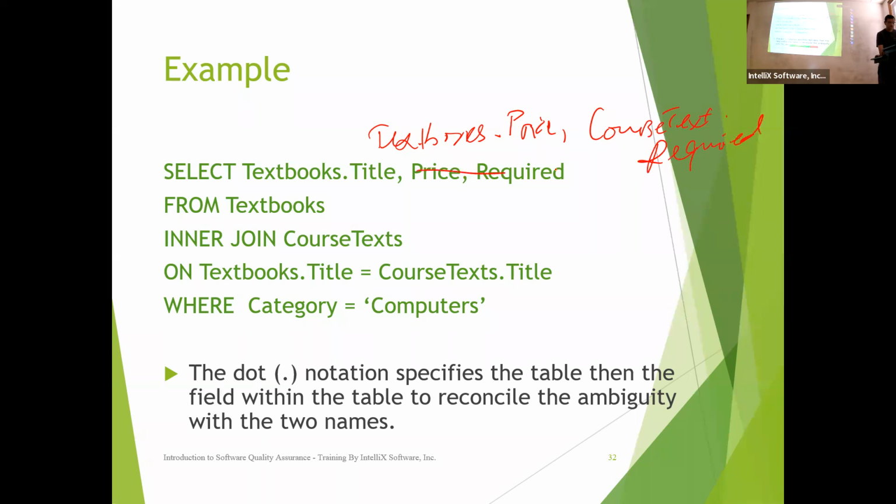This one you can get rid of, but the query will still work with this one, because they are unique field names. They do not exist in both tables, meaning the textbooks table and course text in the context of our SQL. But this is a best practice. You should always follow this, just to avoid any confusion.